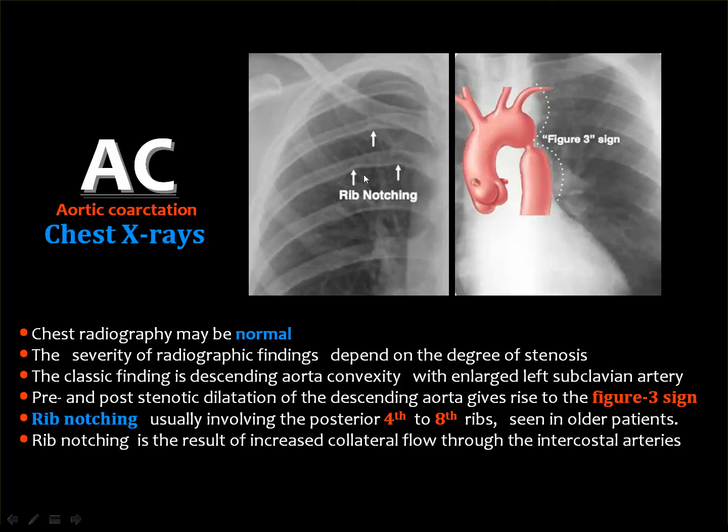Then you got rib notching, and this rib notching is seen in older patients because of the long-standing pressure of the collaterals on the adjacent bone, and it is usually detected from the 4th to the 8th rib.